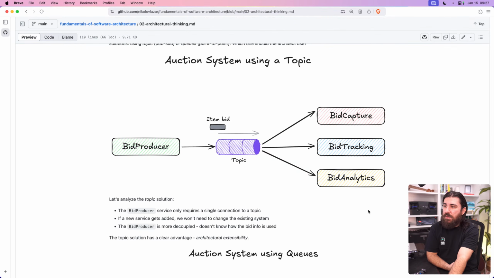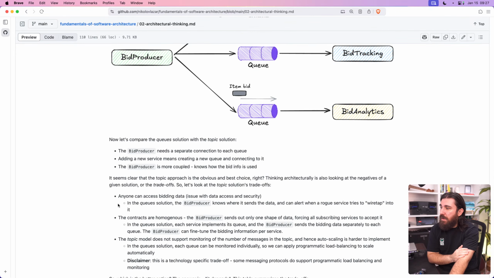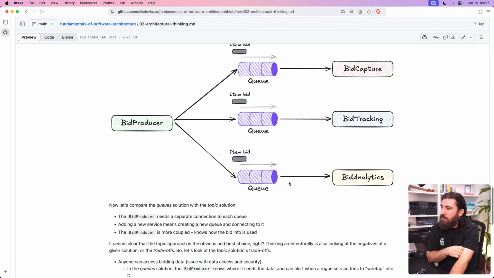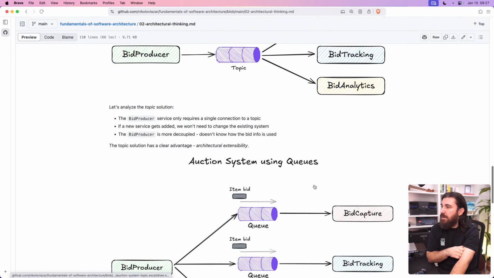There can be a rogue service that can just subscribe and get all of the bids, right? But we don't want to send that data to that service. But in contrast, in the queues solution, the bid producer knows exactly where it sends the data and can alert when a rogue service tries to wiretap into it. So this is more secure. This is less secure, right?